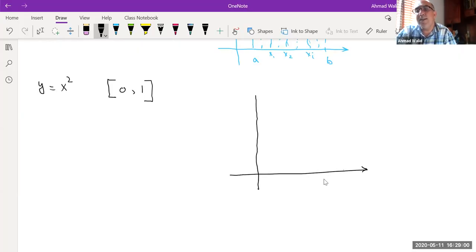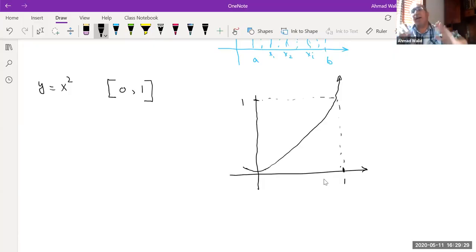I'll use a bigger scale here. That will be my 1, and here 1. Everyone knows the shape of the parabola y equal x squared that passes through 1, 1. It's a curve like this. I zoom it a lot.